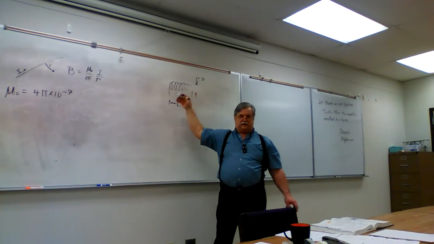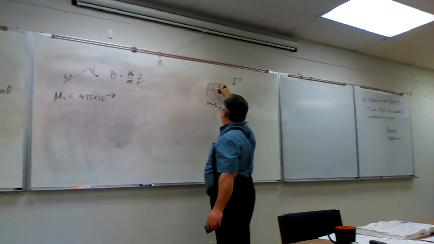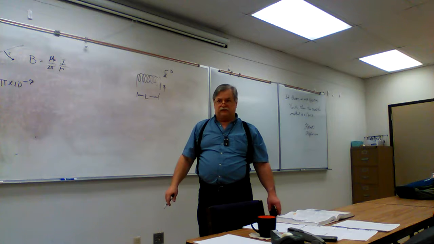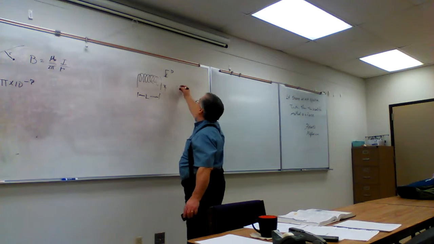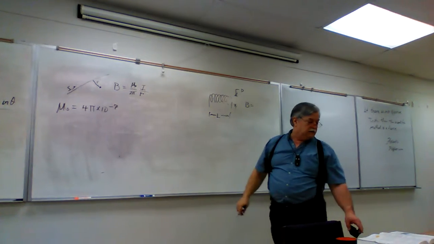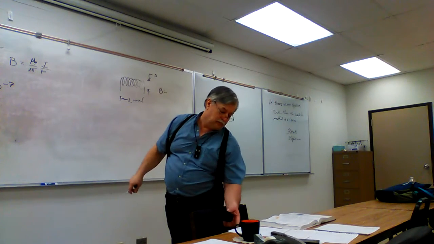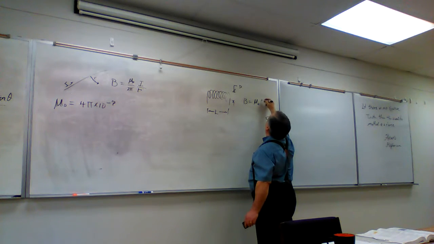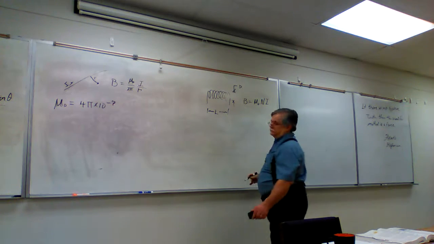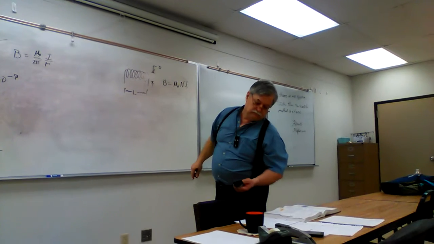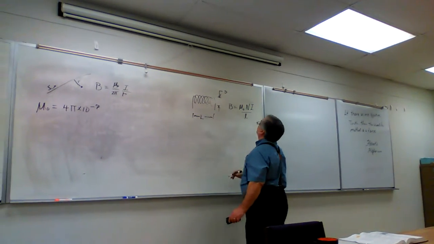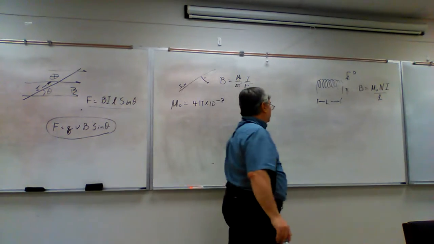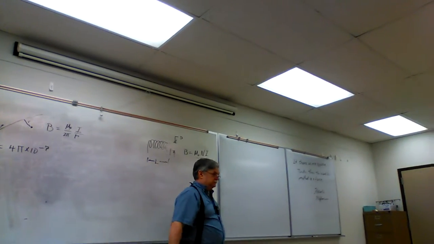Ignoring the fringing effect at the ends, you're restricted to a region inside where you've got the nice, constant, stable, steady magnetic field, which is mu naught N over L, where N is the number of turns over length L.